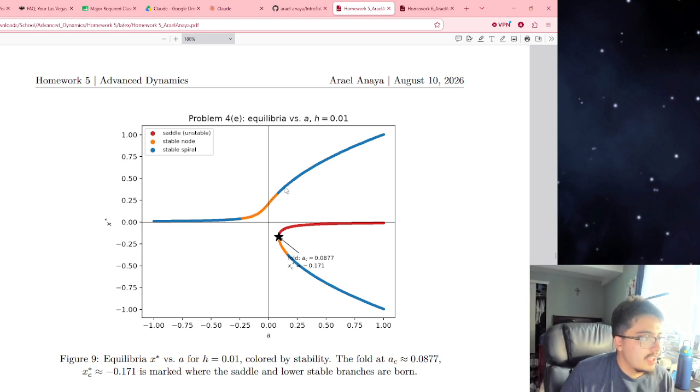We have a bit of a stable node moment, and then we go back to being a stable spiral for a less than 0 or any positive roots. But for any negative roots, at a high positive a, but a very negative root, we're going to be still stable, going to that node.